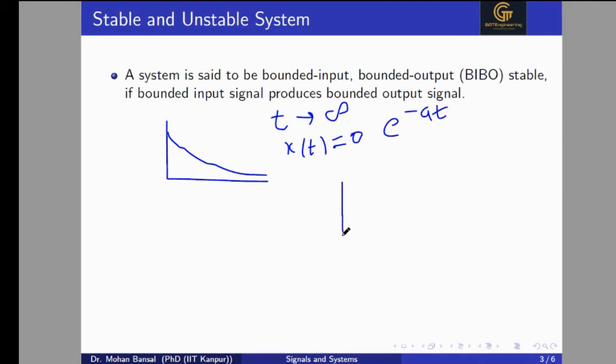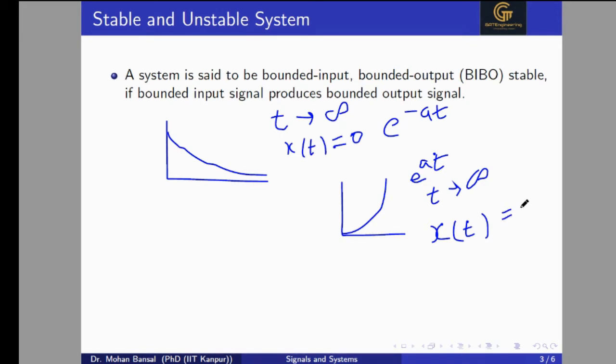If you have a signal like this, a rising exponential, which is e to the power at, and we substitute t tends to infinity, we will get x(t) equal to infinity. So this kind of signal is unbounded.